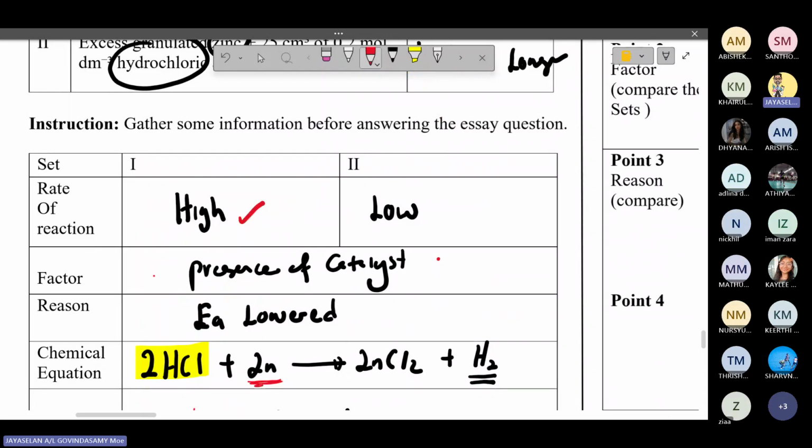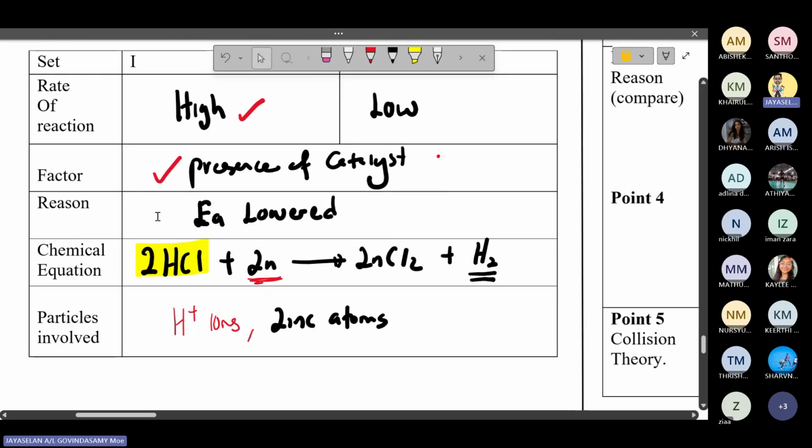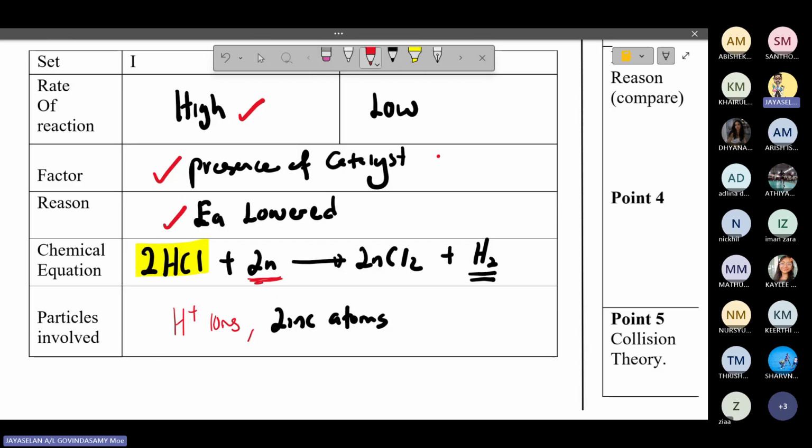Catalyst copper 2 sulfate present in set 1 while absent in set 2. When catalyst present, the activation energy of the reaction in set 1 is lower than set 2. The frequency of effective collision between hydrogen ion and zinc atoms in set 1 is higher than set 2. That's all. Macam mana nak tulis?